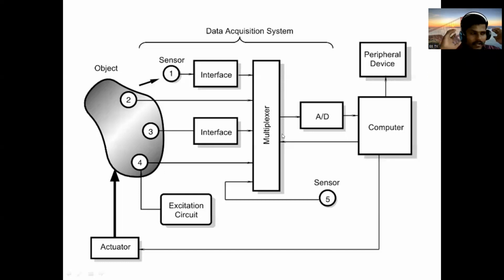In that block diagram, which we discussed in the first two lectures, this is the data acquisition system, and a number of controlling equipment are connected. Some equipment is shown here, some not shown. In that, one object is there. We want to sense that object, or we can call it a stimulus.